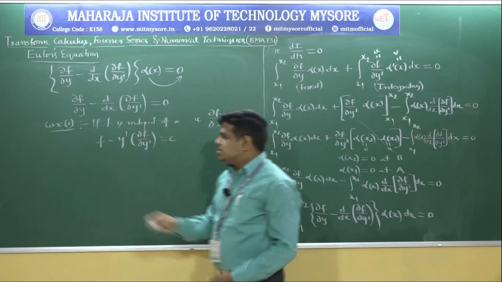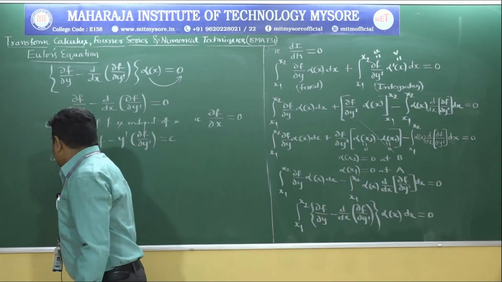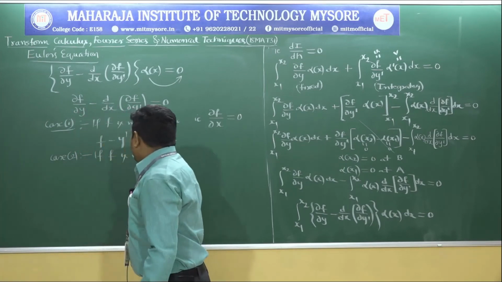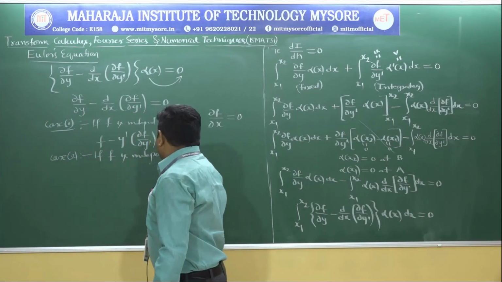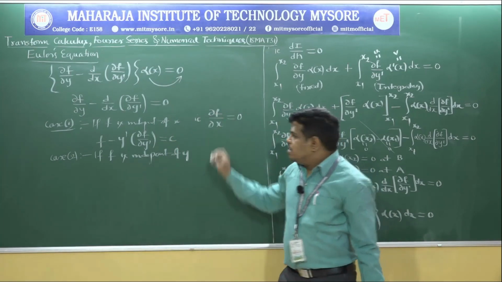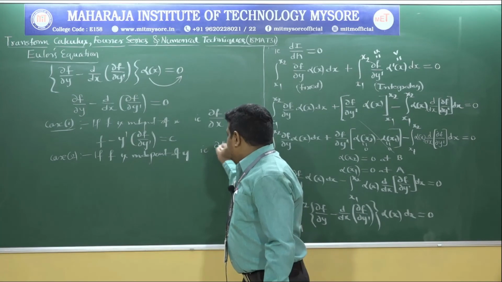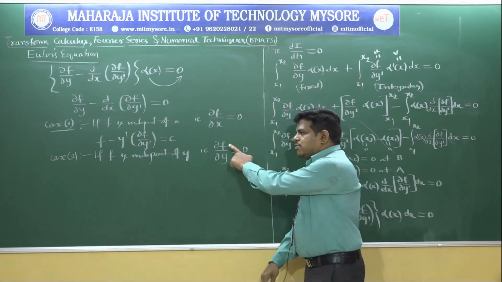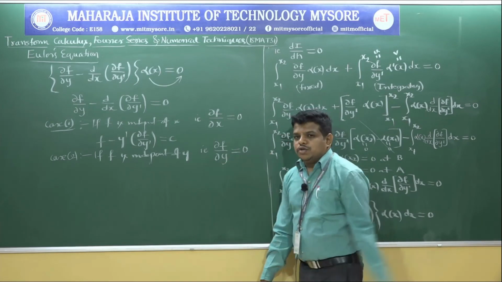Next particular case is if f is independent of y. That means f does not contain any variable of y, that is ∂f/∂y is 0, the partial derivative of f with respect to y is 0.